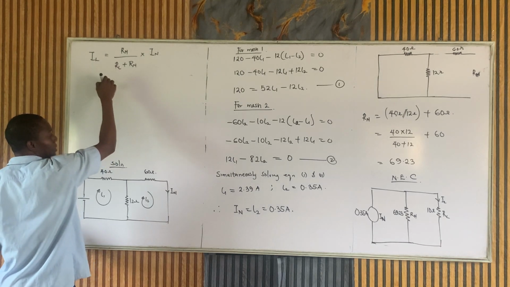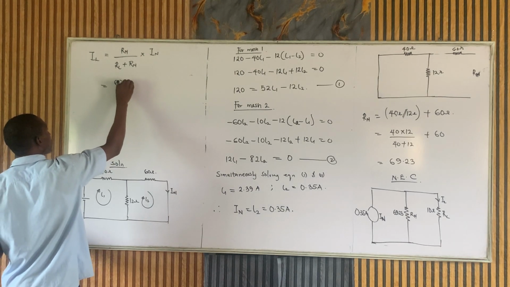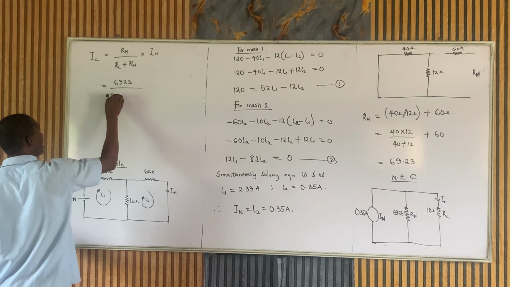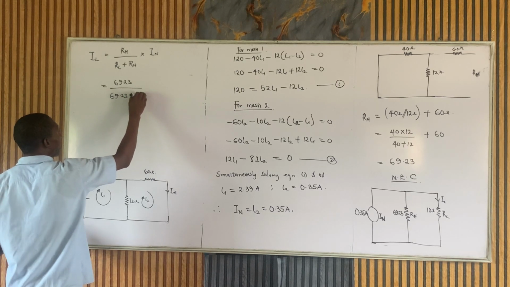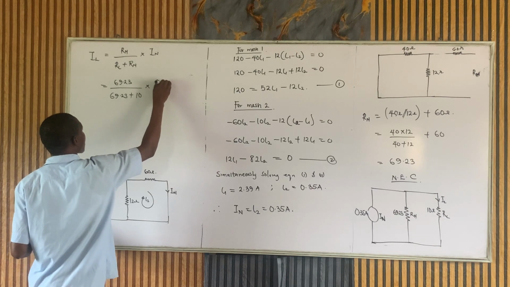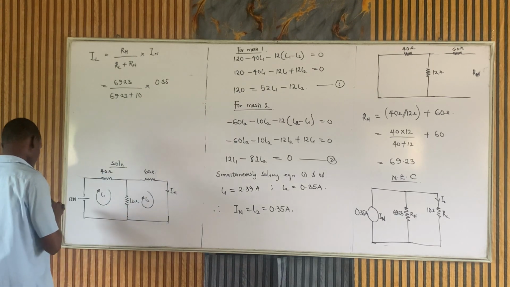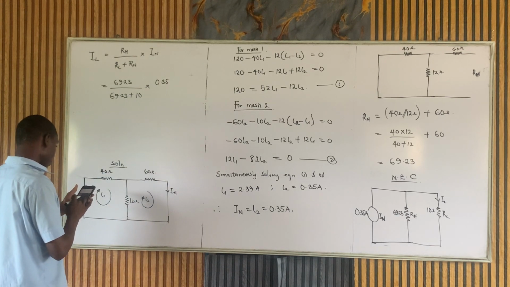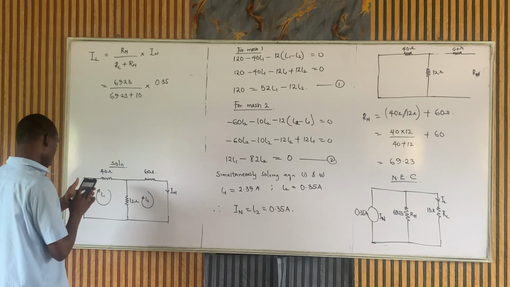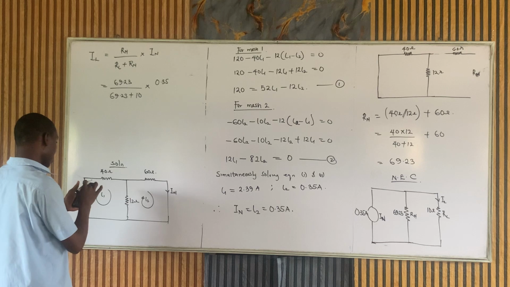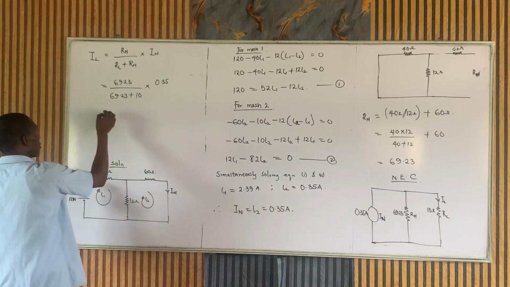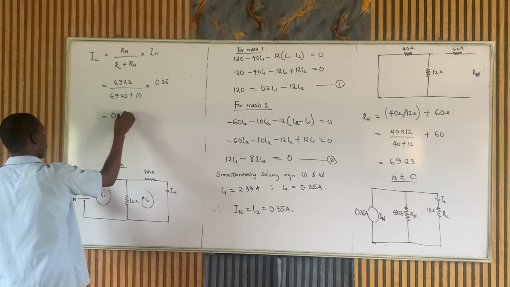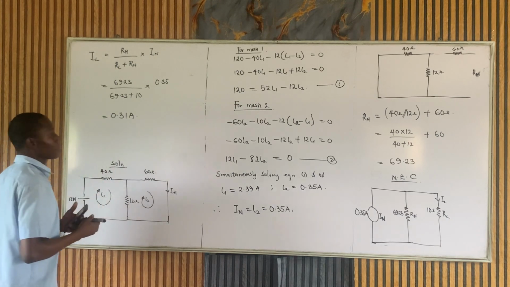So Rn, 69.23 over 69.23 plus the load, which is 10, times 0.35. 69.23 all over 69.23 plus 10 times 0.35, 0.31 ampere. So that's that.